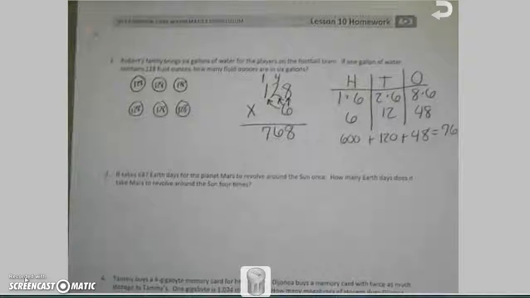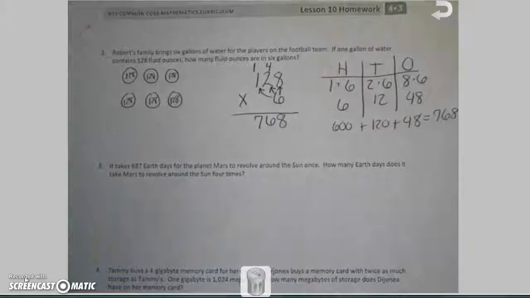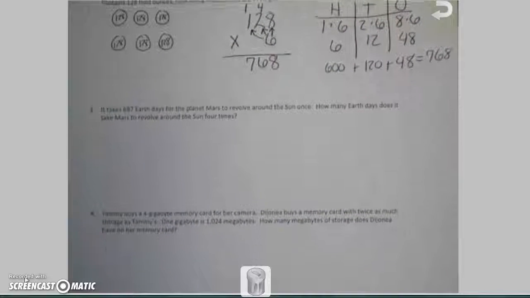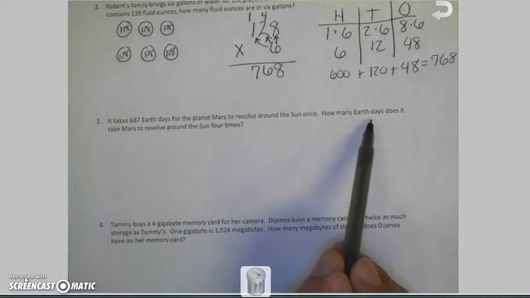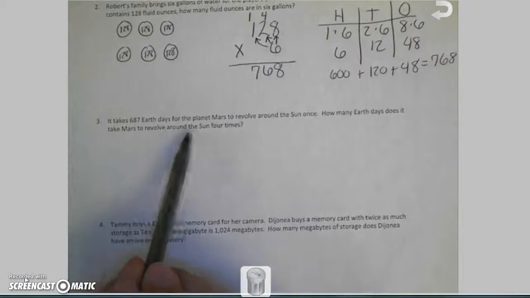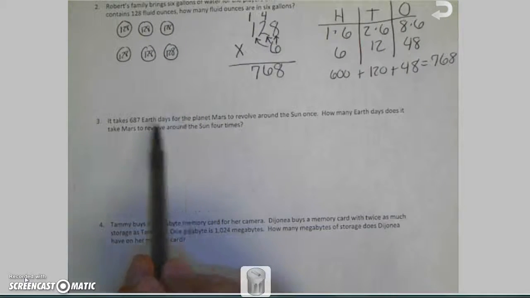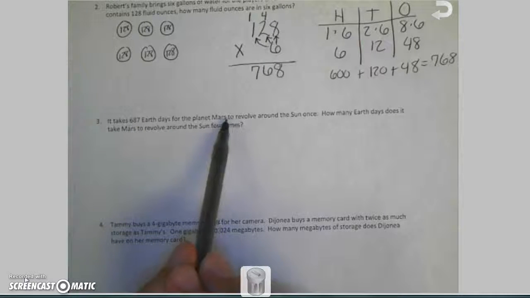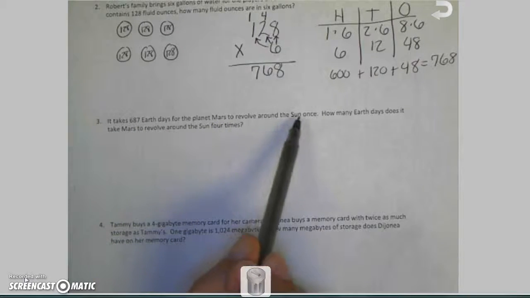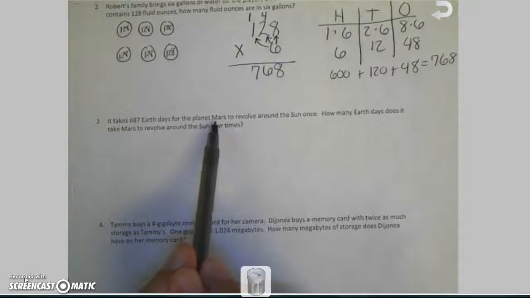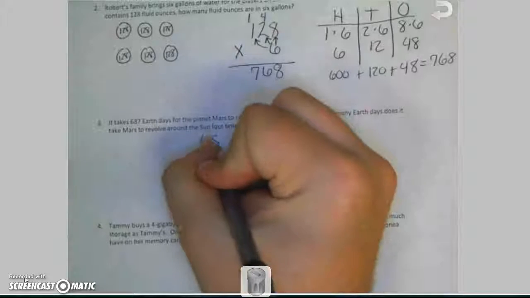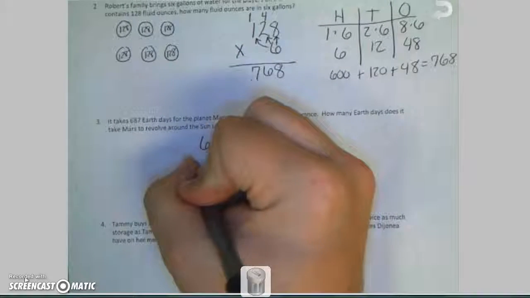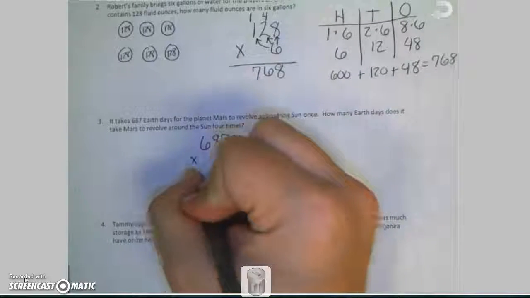Now question 3. It takes 687 days for the planet Mars to revolve around the Sun once. How many Earth days does it take Mars to revolve around the Sun 4 times? So it takes 687 days to revolve around the Sun once for Mars. And I want to see how many days it would take Mars to circle the Sun 4 times. So 687 for 1 time, but I need that 4 times.